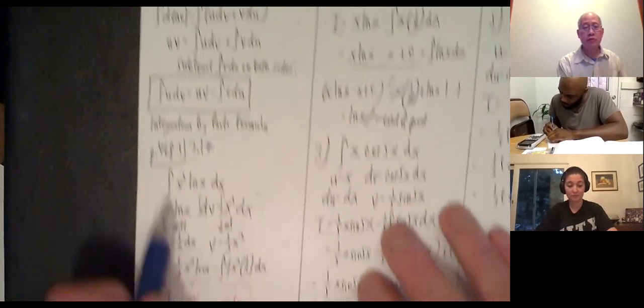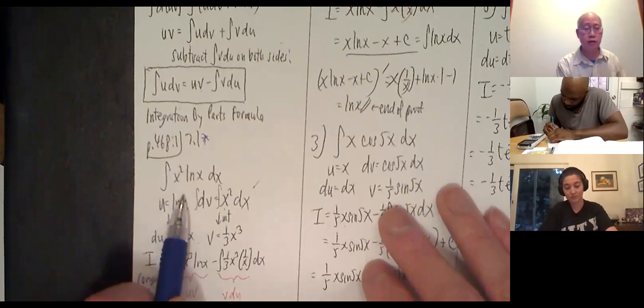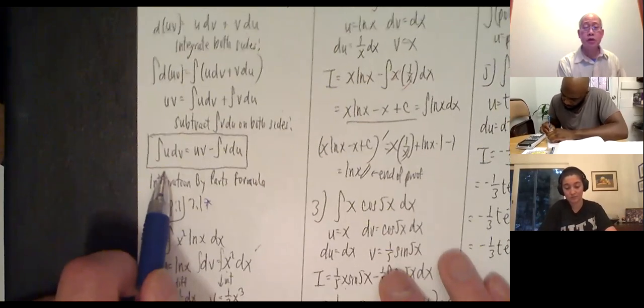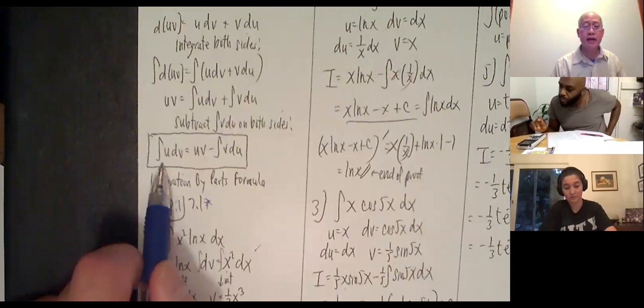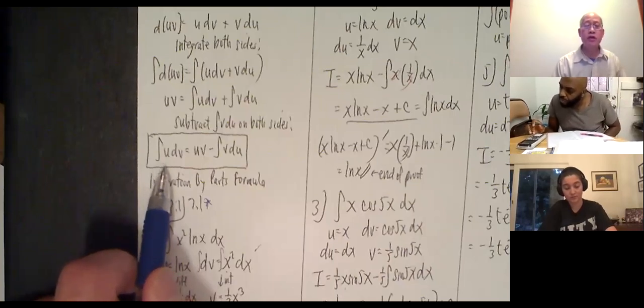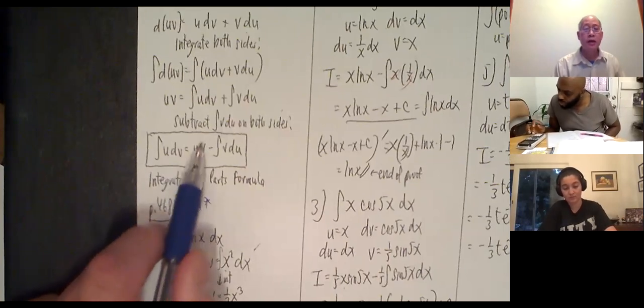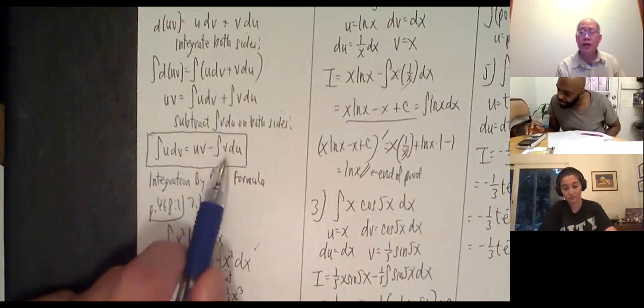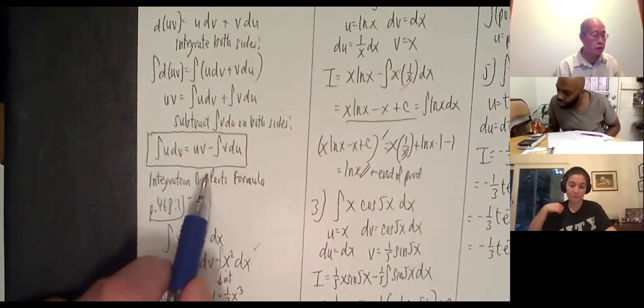Even though the problem that I did last time wasn't from the book, the process is correct, so it's a good introductory problem, I suppose. You have an integral that maybe you can't evaluate. The whole idea is to change it so that you have a u, a v, a du, and a dv. Plug it into this, and hopefully the second integral is better than the first integral. That's the idea behind integration by parts.